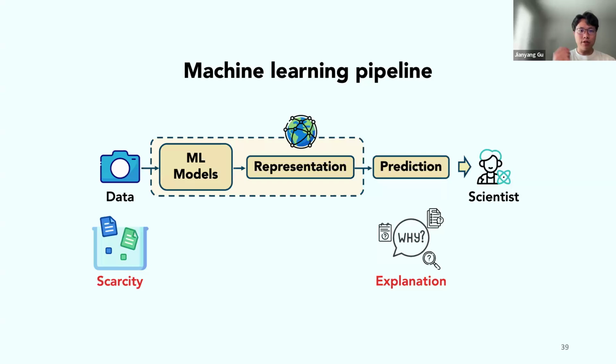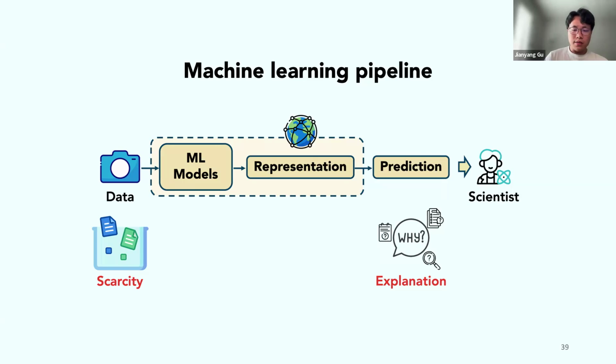Okay, now I've talked a lot about data scarcity, how we scale data and generate new data that didn't exist to help us build a more comprehensive understanding of global biodiversity. And the next step is explanation.